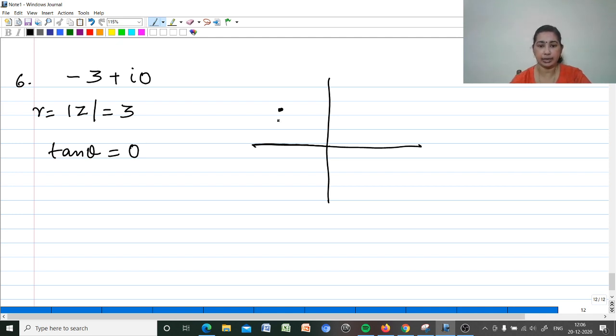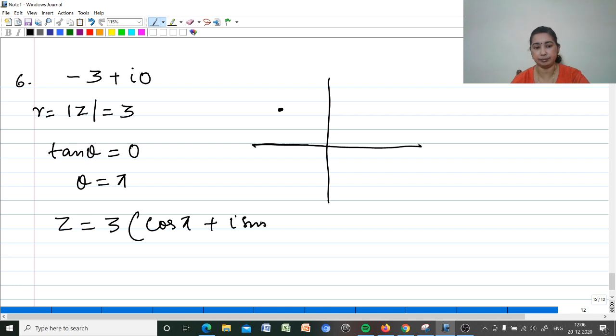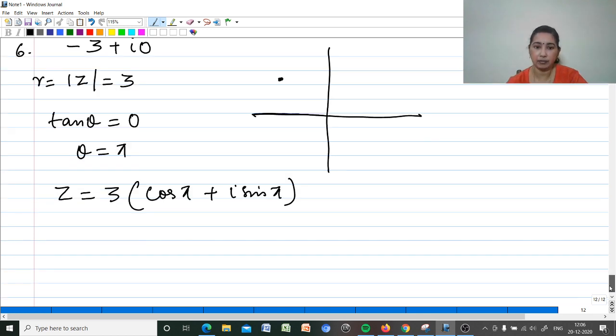Since it is in the second quadrant, we can take theta is equal to pi. We can't tell exactly it is in the second quadrant because minus 3 comma 0 is on the axis. So we can take theta is equal to pi. So directly we can write z is equal to 3 into cos pi plus i sin pi. Because it is on the axis, no need of checking where it is.